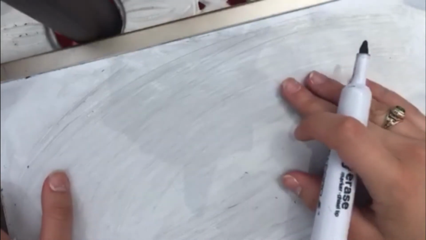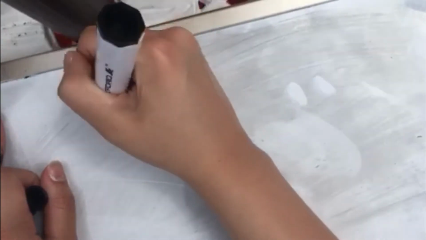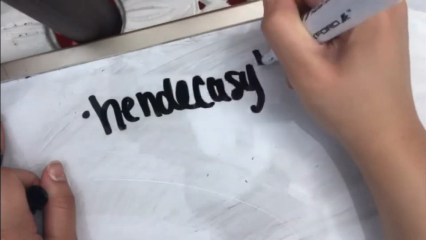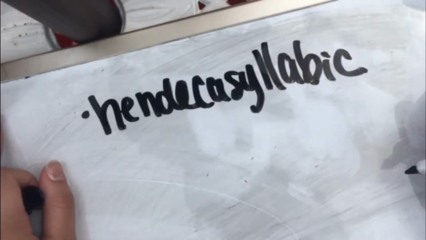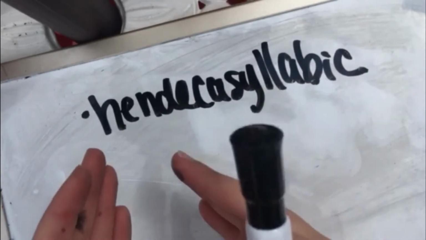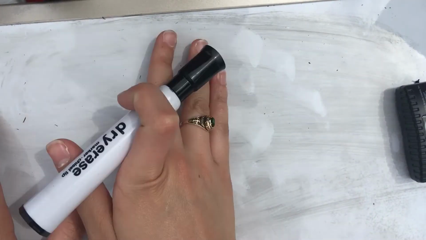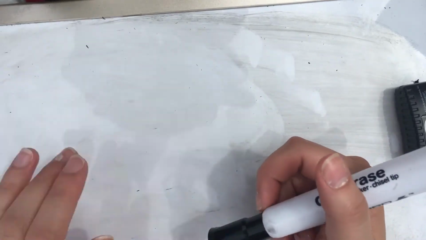There are three most important types of meter that you need to know. And that's hendecasyllabic. It's a lot of words. It's composed of 5 feet. Hendecasyllabic was Catullus's most used meter, so that's the one that you're going to need the most.